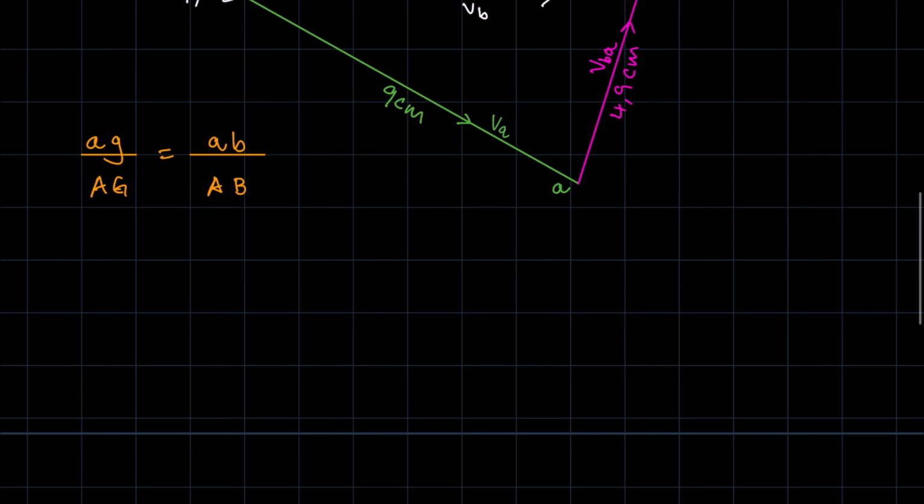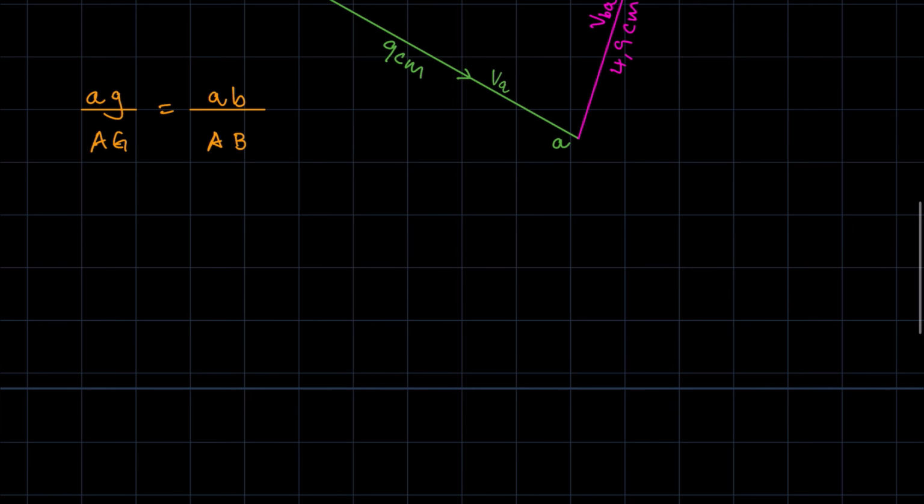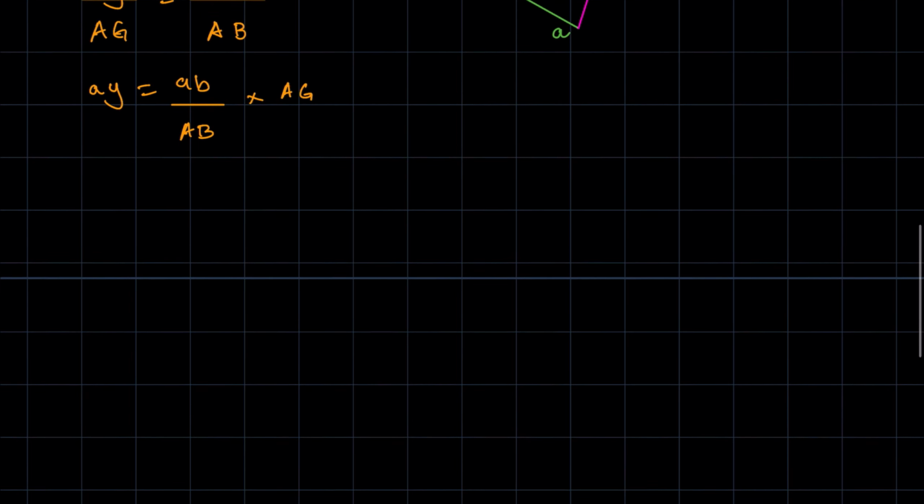Now if you look at this, this is what we are missing. We have this, and we have this. So solving for AG on the vector diagram, AG is equal to AB on the velocity diagram divided by AB on the space diagram, times AG on the space diagram.